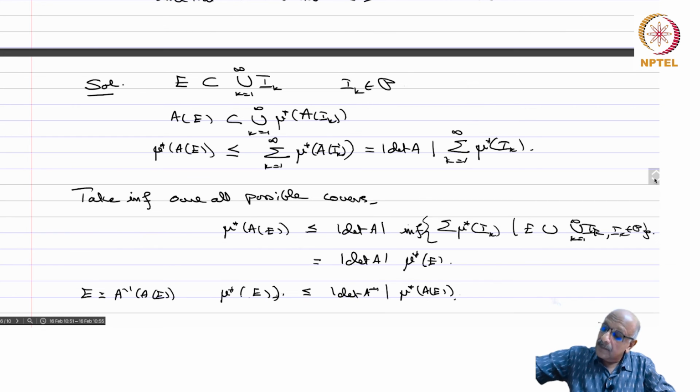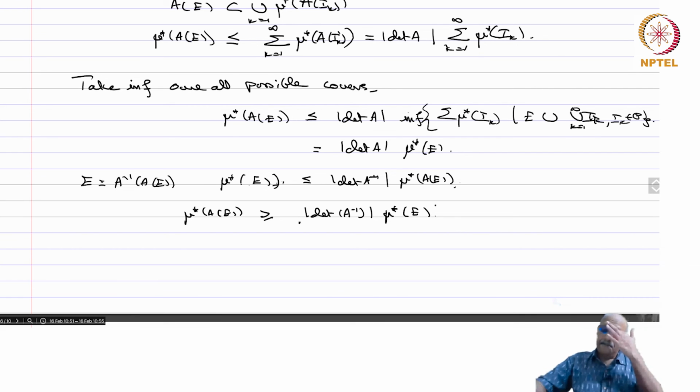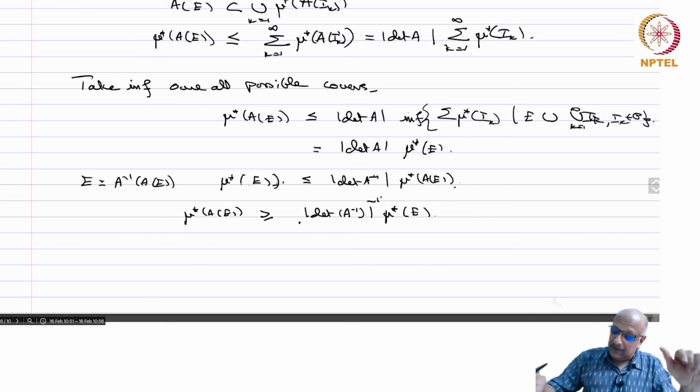Therefore, mu star of AE is greater or equal to mod determinant of A inverse to the power minus 1, times mu star of E. Okay, that was the problem.